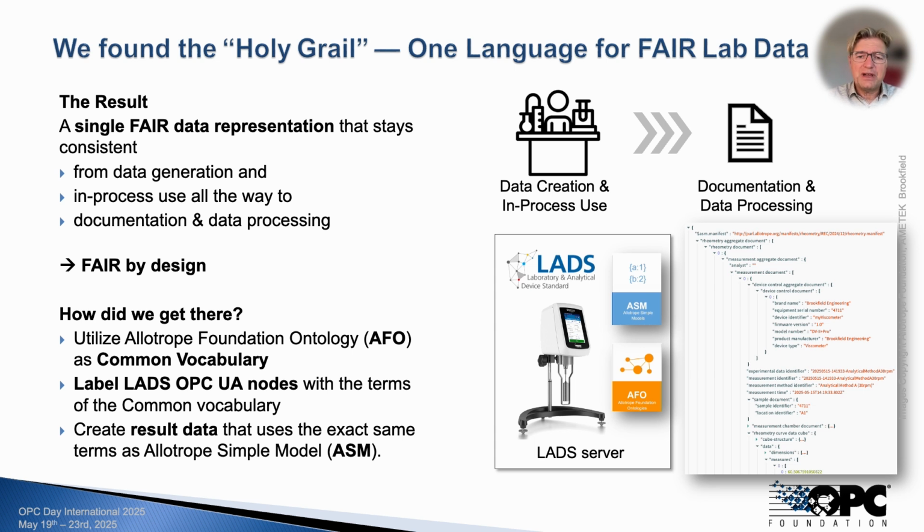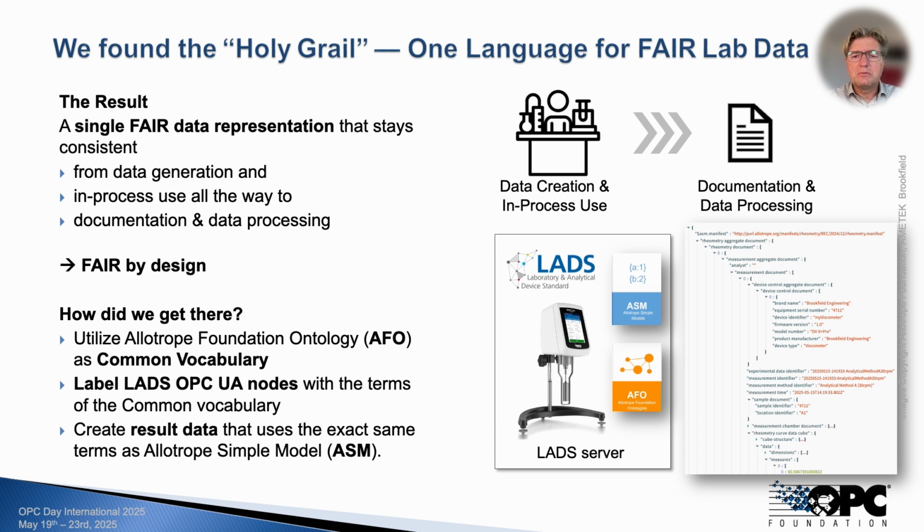How do we make FAIR data not just possible, but seamlessly interoperable throughout all systems involved? And here's the result. A single FAIR data representation that stays consistent from the moment it's generated on the device, through in-process use, all the way to documentation, data processing, and even data exchange.